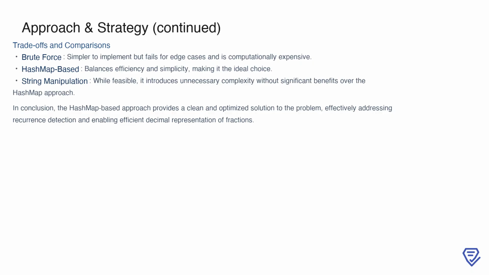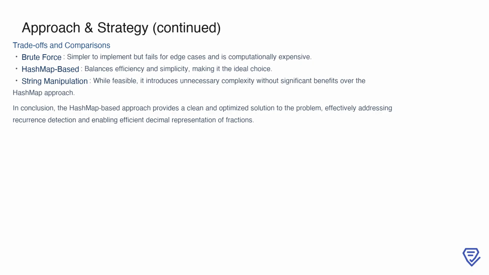When comparing the various approaches, the trade-offs become apparent. The brute force method, while simple to implement, fails to handle edge cases and is computationally inefficient. The string manipulation approach, while feasible, adds unnecessary complexity without offering significant advantages over the hash map-based method. In contrast, the hash map-based approach effectively balances simplicity and performance, making it the ideal choice.